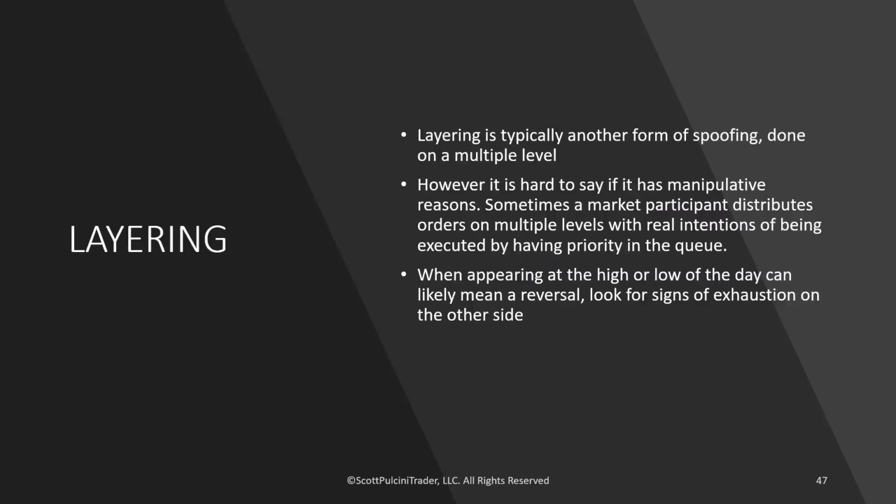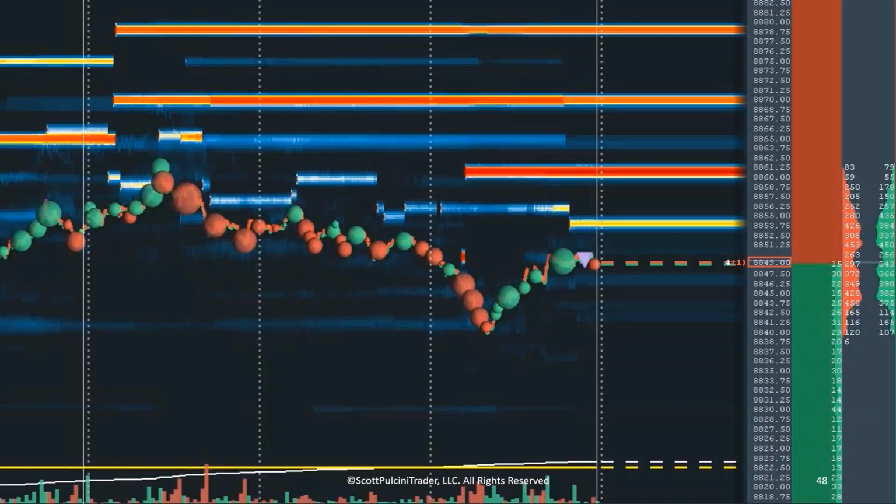Okay, so when appearing at the high or low of the day, it can likely mean reversals. So when you see strong layering on the books, then look for exhaustions on the other side, and see if the price can reverse.